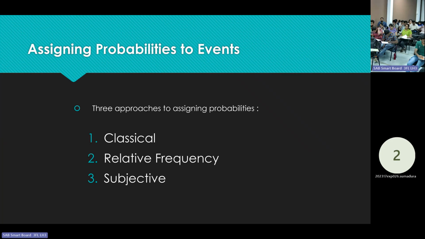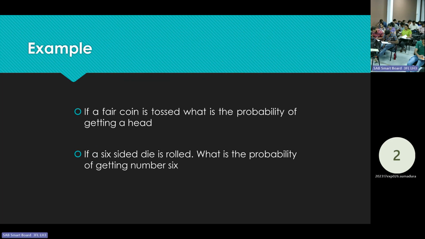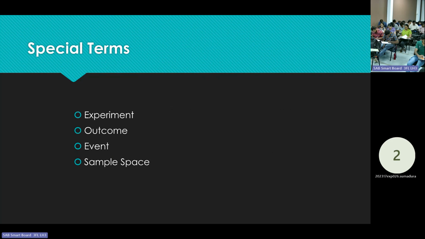Next thing. Though this is a biased approach, since we don't have data to calculate the probability, we don't have any other choices.